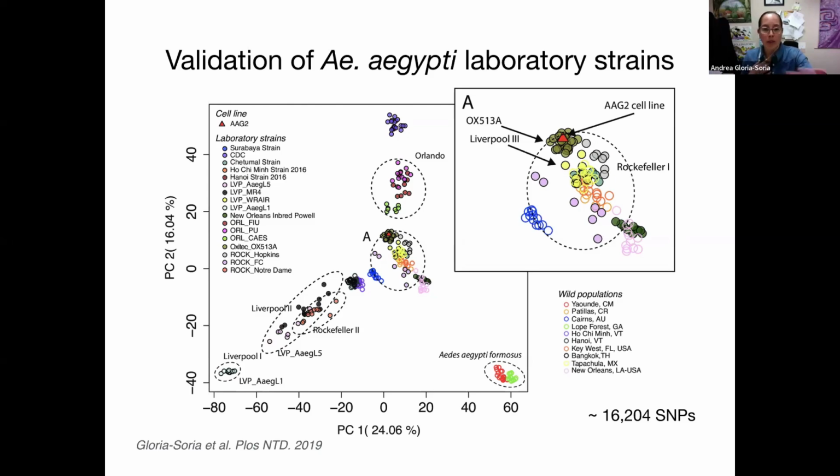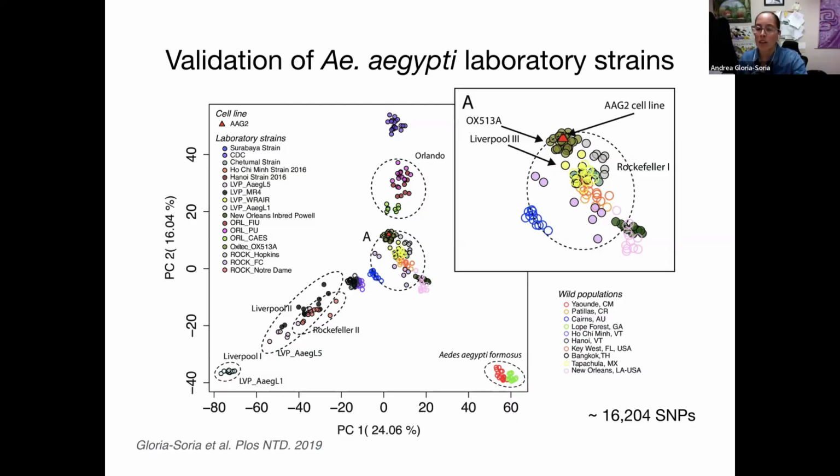Here we had put also some of the wild collections of Aegypti just for reference, and you can see where the big A is there in the center. We have a lot of the Aedes aegypti wild isolates, and the Orlando strain right above that.